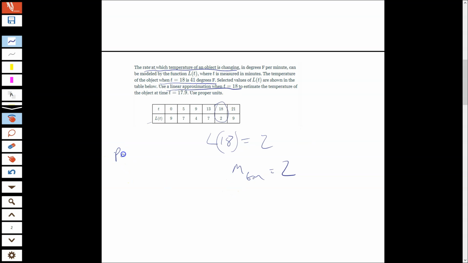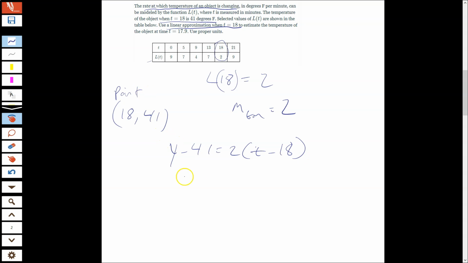So our point, with time as x, is 18 comma 41. And then our tangent line would be point slope form, y minus 41 equals 2 times t, I should say t minus 18.